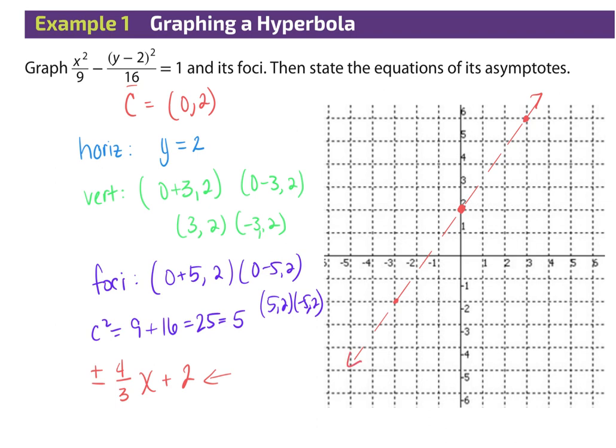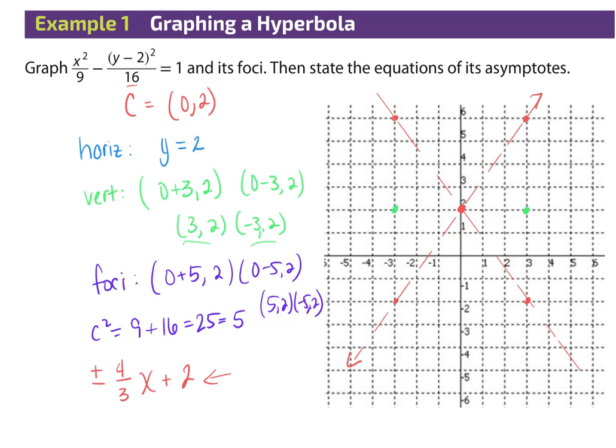I'm going to do the same thing. I'm going to go down 4 and right 3. And I do it both directions just so I can sketch it easier. That's my way of doing it. 2 points is enough to do a line, but I always do 3 just to make it more accurate. All right, so this tells me about how wide this guy is going to be. And then I go to my vertices and my foci points. So I'm going to go to my vertices next, positive 3, 2, negative 3, 2.